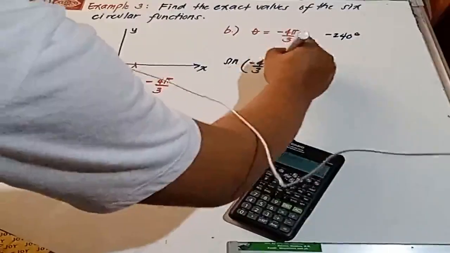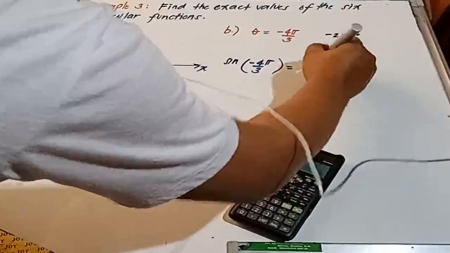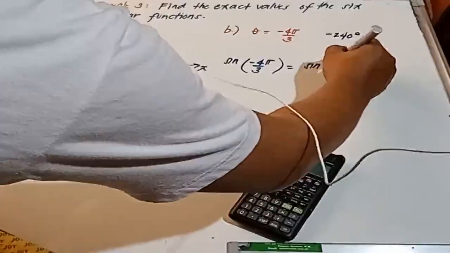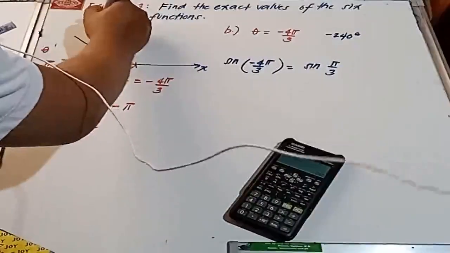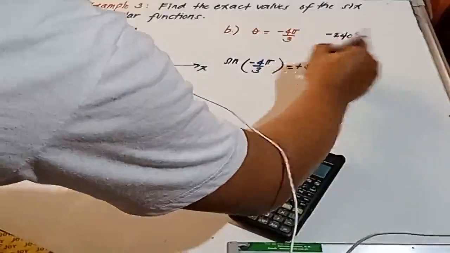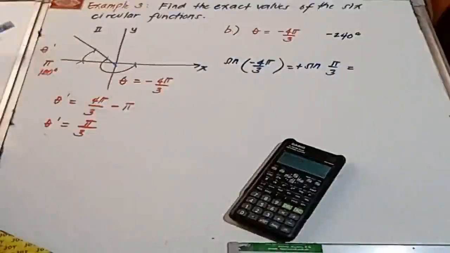That is the same as sine pi over 3. Okay? Ano ang sign ng sine function sa second quadrant? Positive. So, positive to. Sine pi over 3 or sine 60 degrees is, that will be square root of 3 over 2.